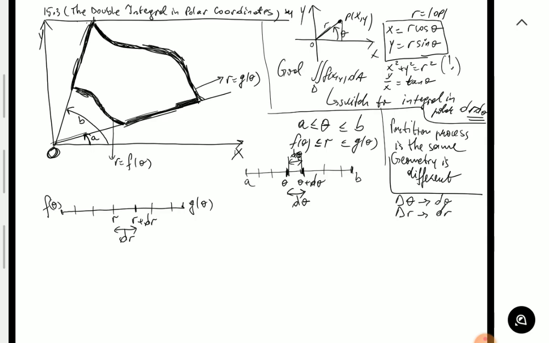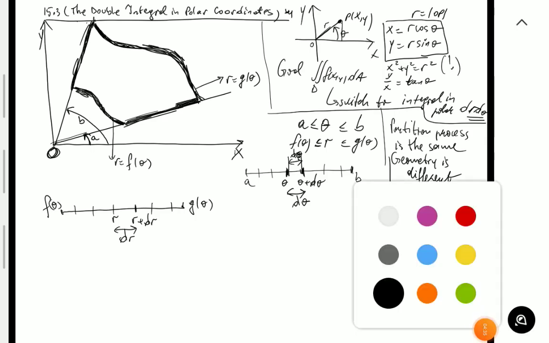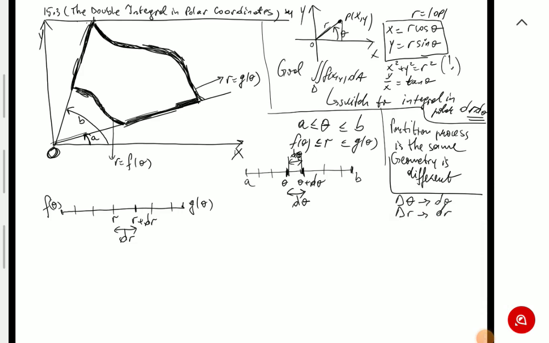But the question is, how does that look geometrically? And let's actually use a different color here to emphasize it. A small change, which is d theta, right? A small change in theta will result in a very thin angle somewhere in the middle here.